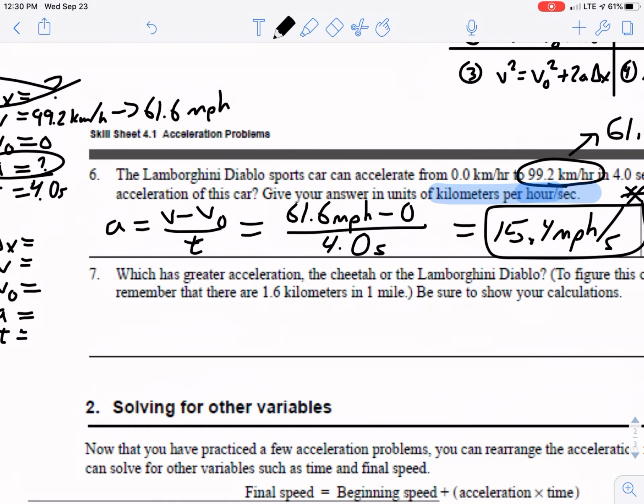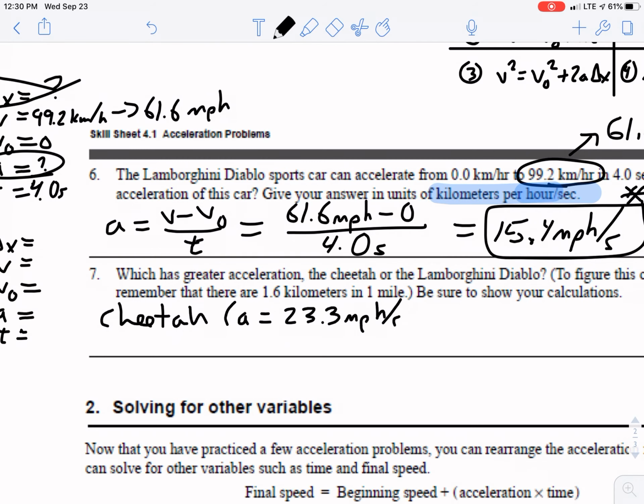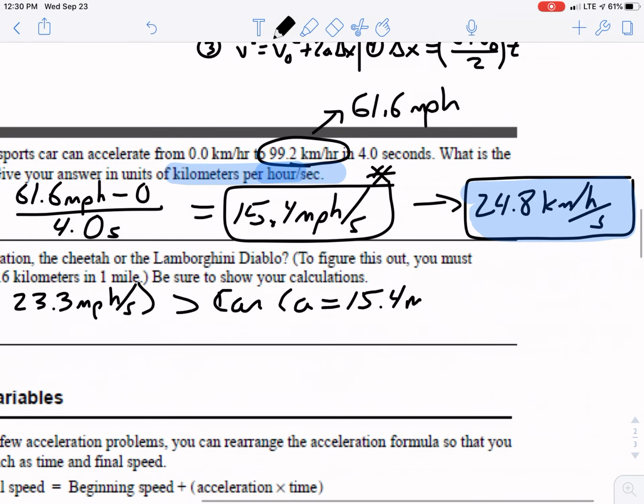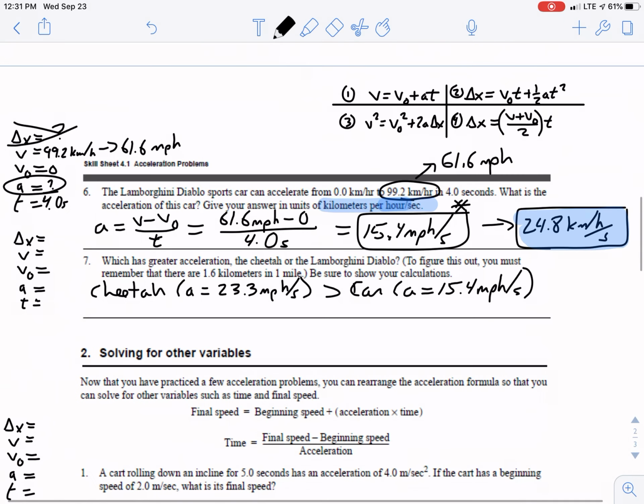Well, the Cheetah has an acceleration of 23.3 miles per hour per second. And that's greater than the car, which has an acceleration of 15.4 miles per hour per second. Okay, so the Cheetah has a greater acceleration in the same time interval.